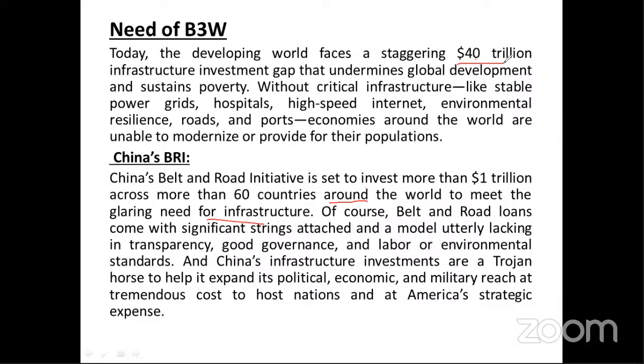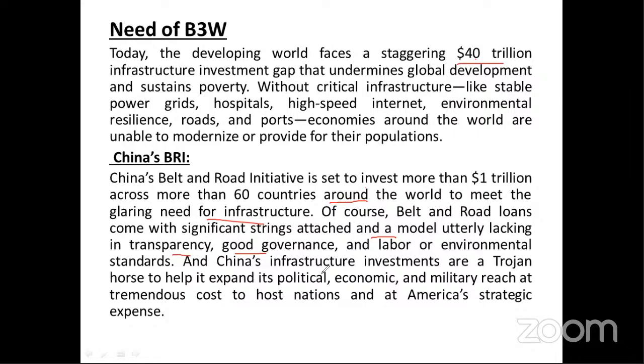Of course, Belt and Road loans come with significant strings attached and a model utterly lacking transparency. See, China is doing investment, but there is no transparency. Nobody can ask China what its purpose is for doing the investment. China never discloses all these things. There is no good governance, and no labor or environmental standards.